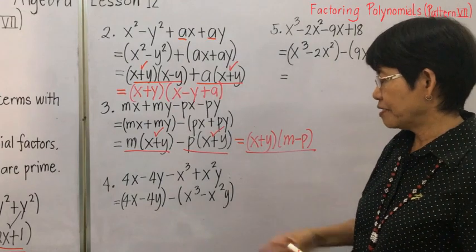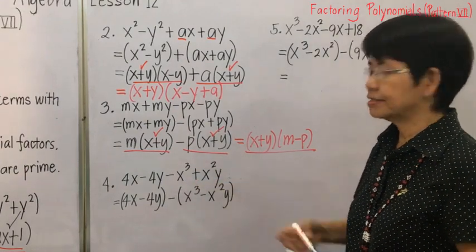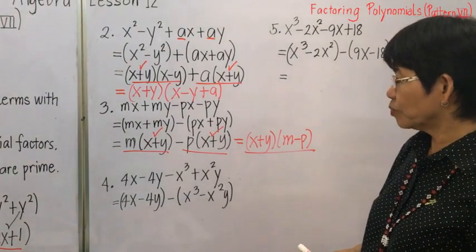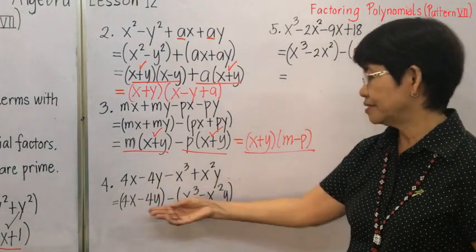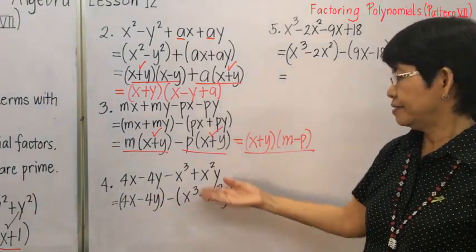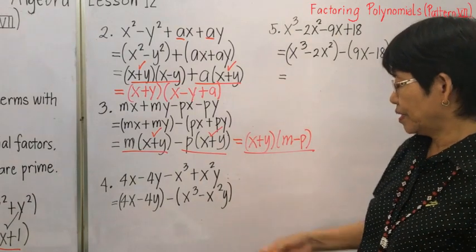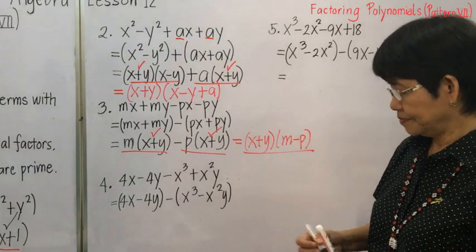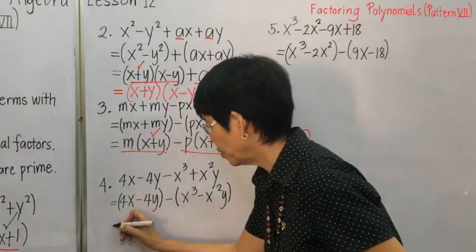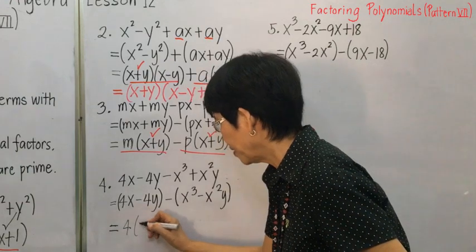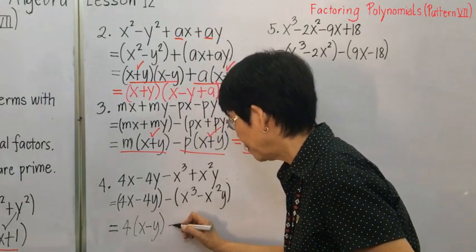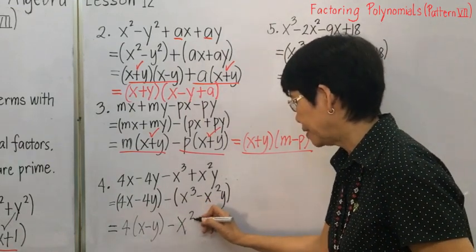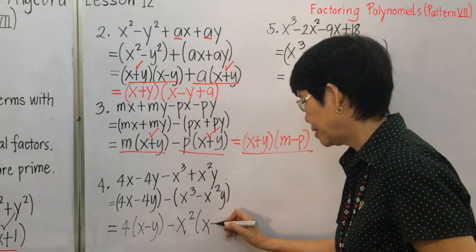4x minus 4y minus x cubed plus x squared y. We can group together the first two terms with a 4, and the last two terms also, we can group them together because there are common factors. So factoring the first group, we have 4 times x minus y minus, we can factor out x squared and we have x minus y.